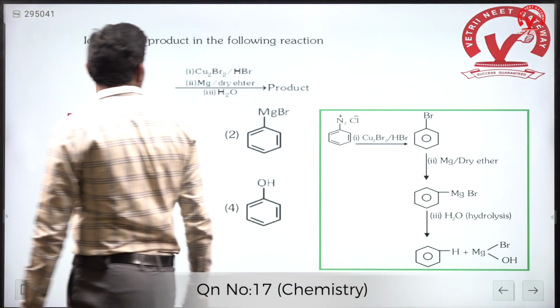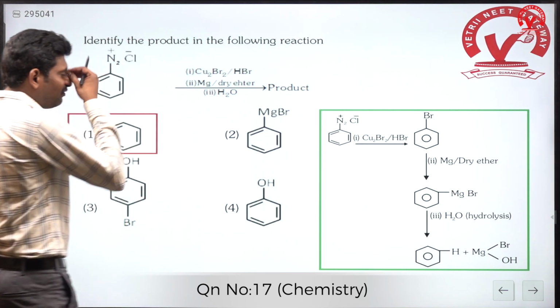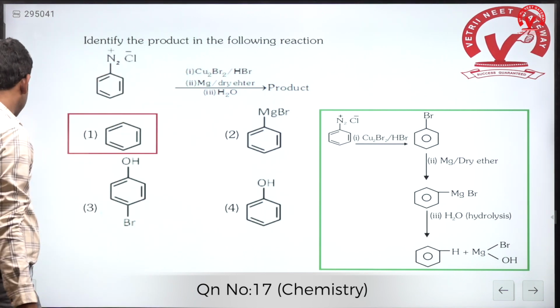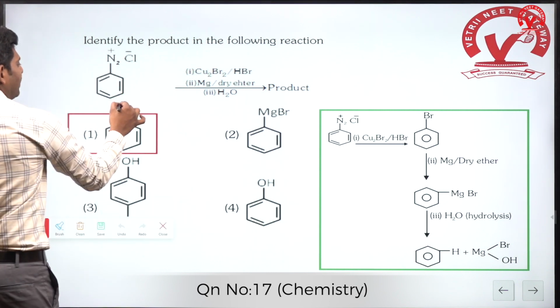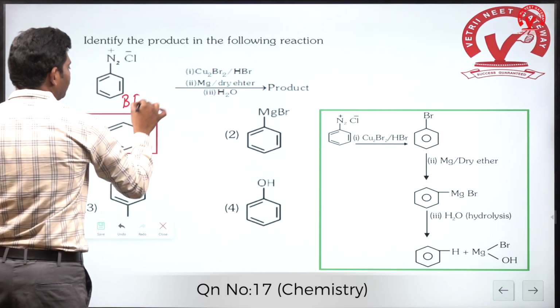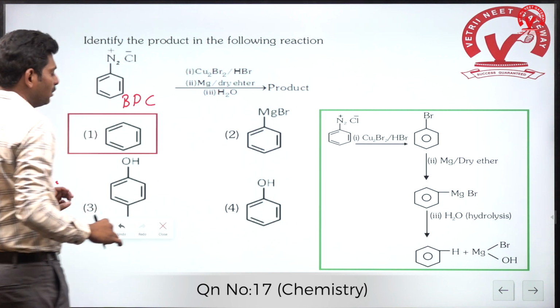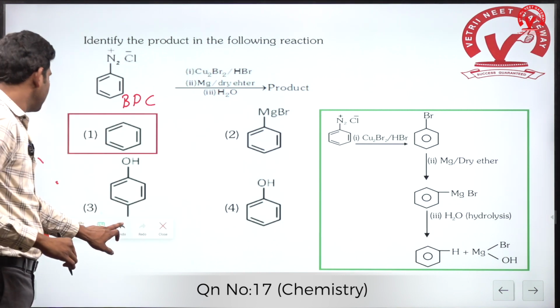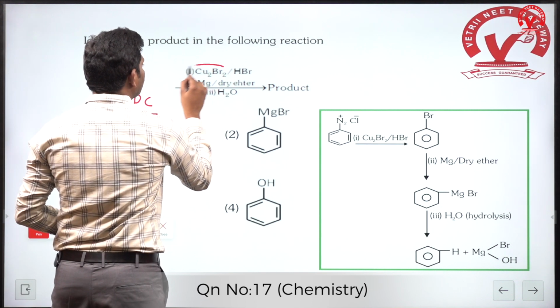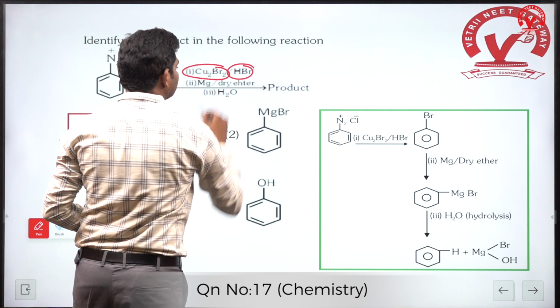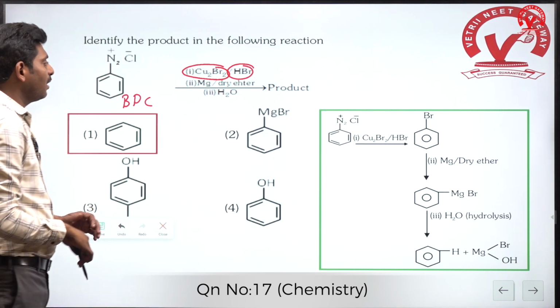Identify the product in the following reaction. So first, benzene diazonium chloride is given. Now it is treated with Cu2Br2 by HBr.